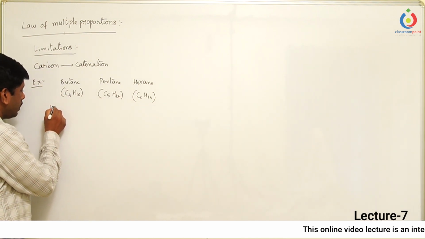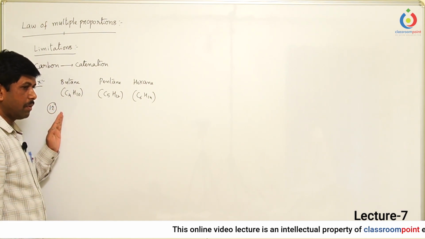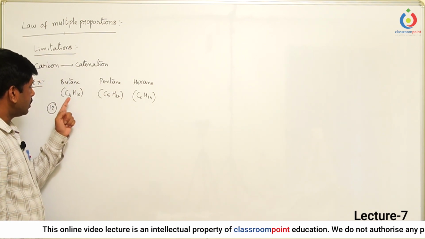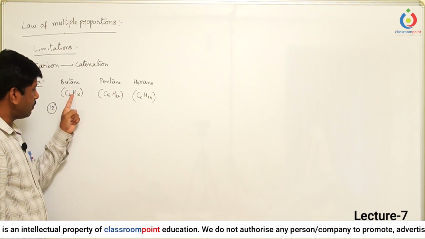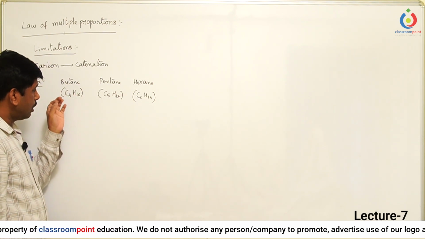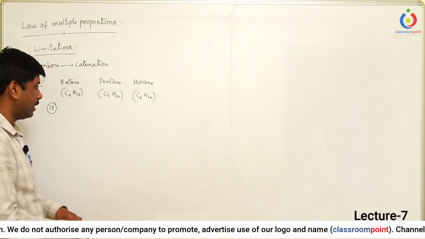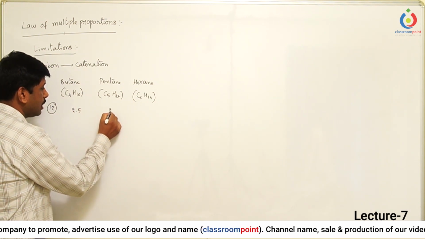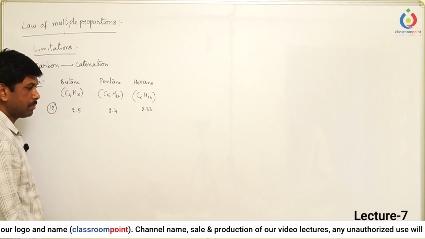I am fixing the mass of carbon as 12 grams. In every case, with 12 grams of carbon, how much mass of hydrogen combines? See here, 4 into 12 grams, 48 grams of carbon combines with 10 grams of hydrogen. With 12 grams of carbon, how much hydrogen is combined? That is 2.5 grams. In this case, it is 2.4 grams. In this case, it is 2.33 grams.